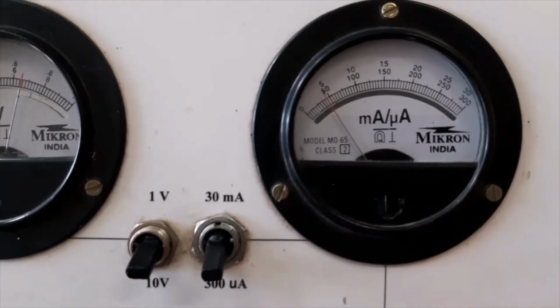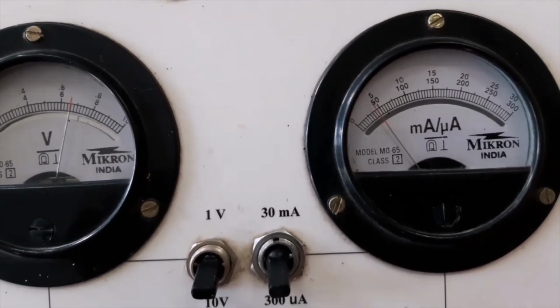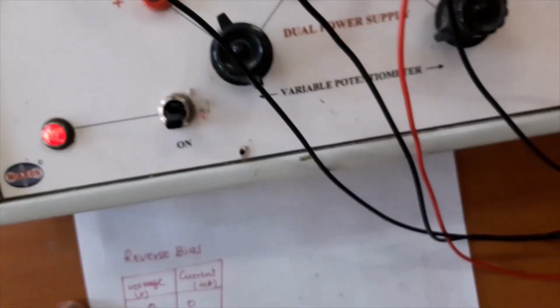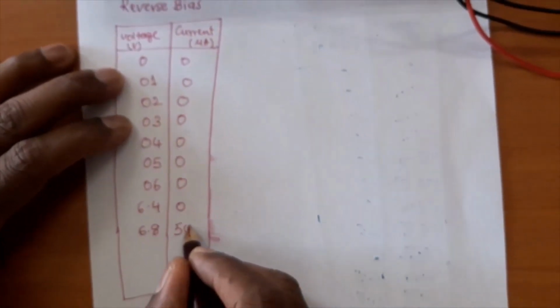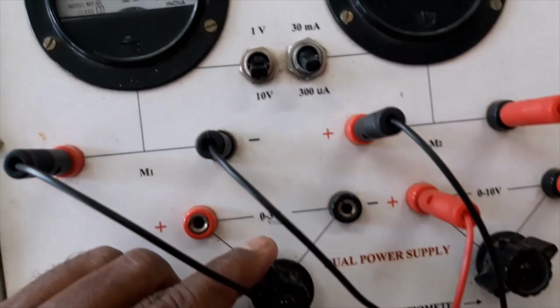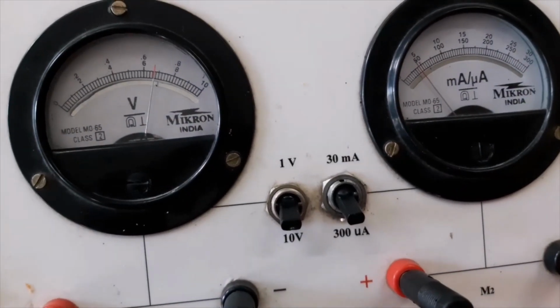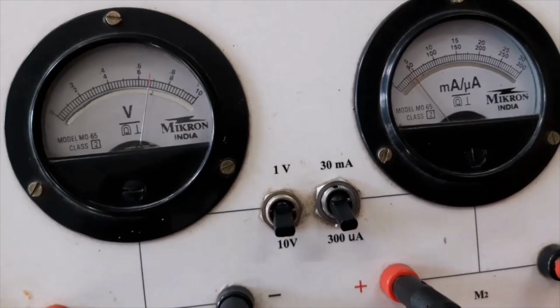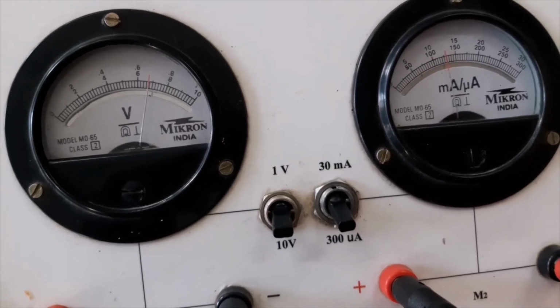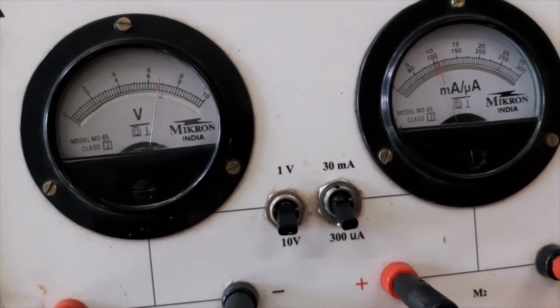And the corresponding current value is nearly 50 microamperes. So I am writing this as 50 microamperes. Now I change the voltage further and see that there is no change in the voltage, but still the current is increasing, so to 100 microamperes.